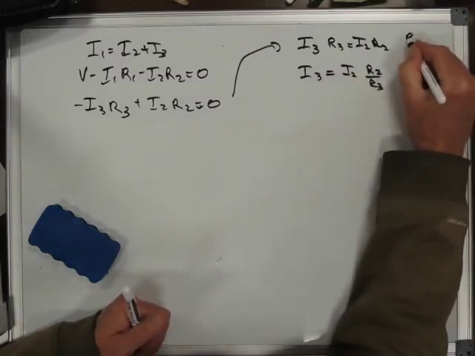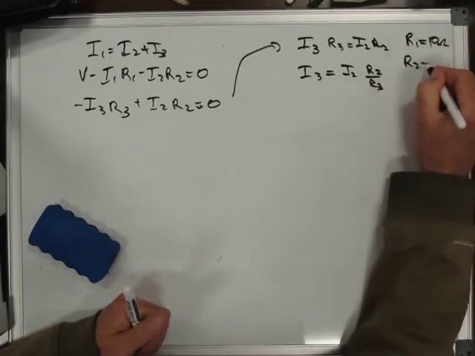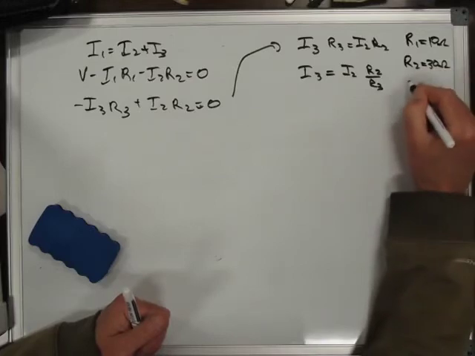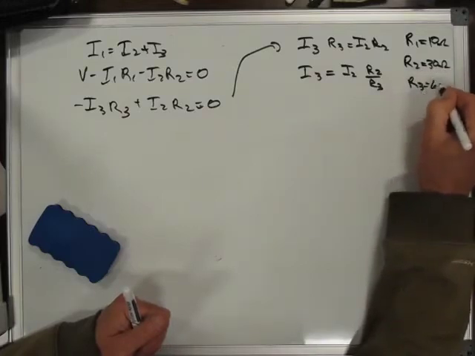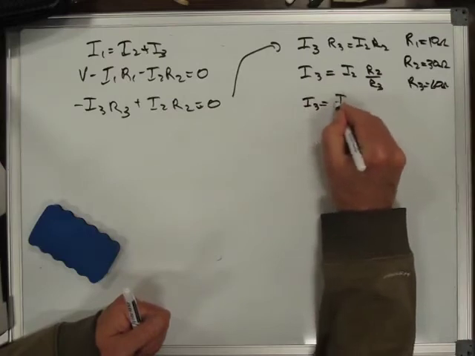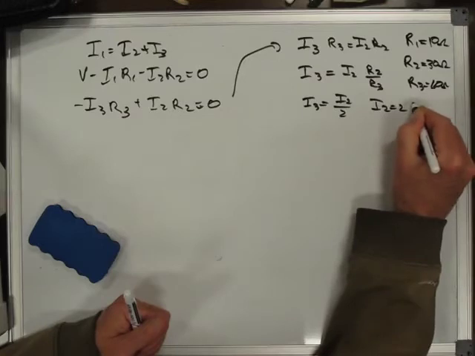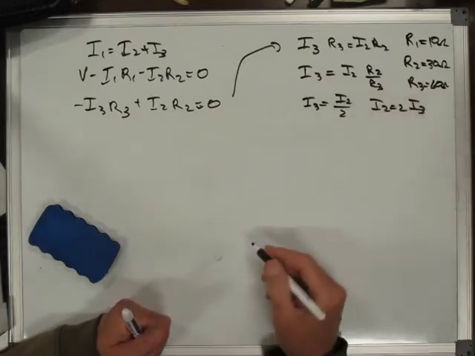If you remember, R1 is 10 ohms, R2 is 30 ohms, and R3 is 60 ohms. So that just says that I3 equals I2 over 2, or I2 equals 2 I3.